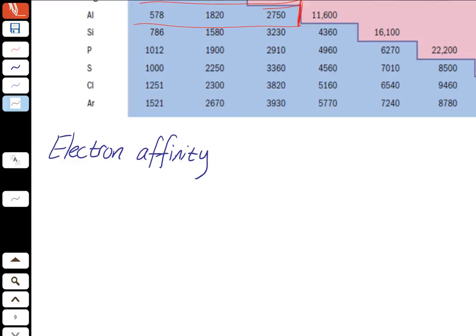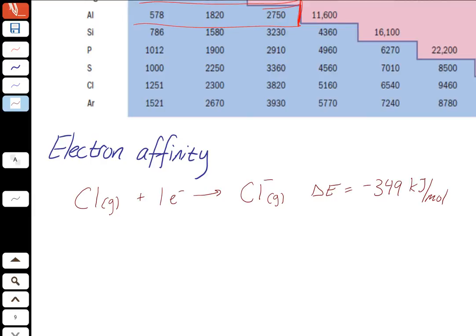So if we take a separate gaseous chlorine atom, we're not talking about chlorine gas, the chlorine molecule, just a chlorine atom, and we just add 1 electron, we should have a gaseous chloride ion. And the energy associated with that reaction is minus 349 kilojoules per mole. So if you add electrons to a mole of chlorine atoms and make a mole of chloride ions, then you would give off 349 kilojoules of energy. Okay, so that's called the electron affinity.